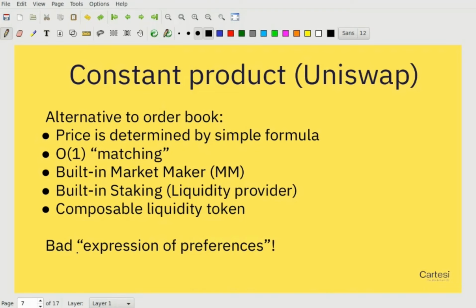And this is registered as a token that you can later burn and get your quantity back, maybe at a different proportion, but this liquidity token is something you can trade elsewhere.